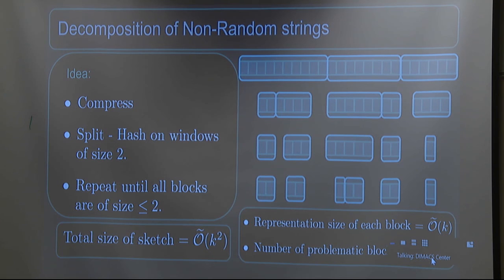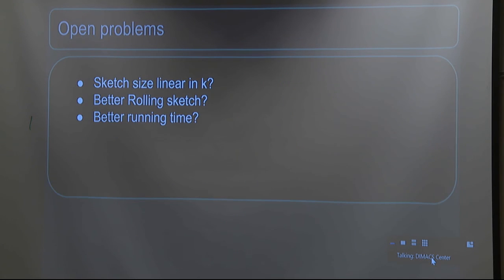So yeah, this was it, and I had some open problems. These are very immediate open problems. I think Michal and Mike Sachs have an improvement over this, which is almost linear, and is going to appear this year in STOC. So now it's linear in k is still open.